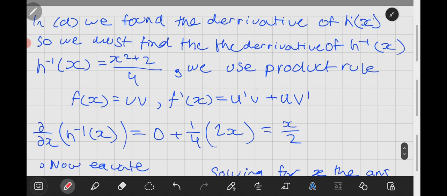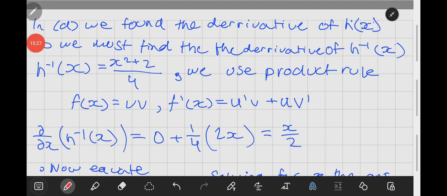Now, here we technically use the product rule, where for some function, h prime is equal to 1/4 times x squared plus 2, okay?